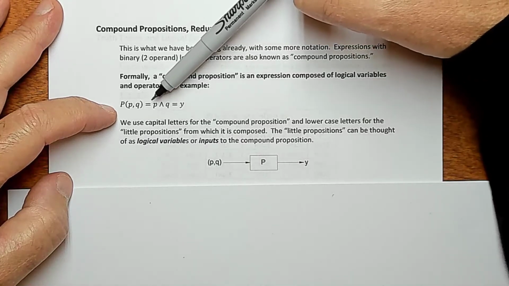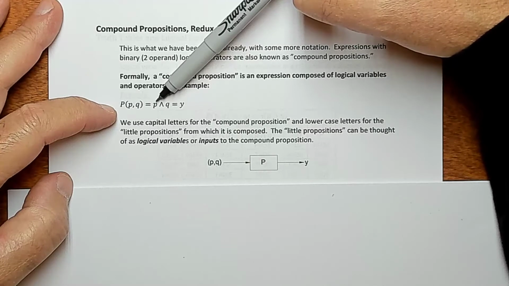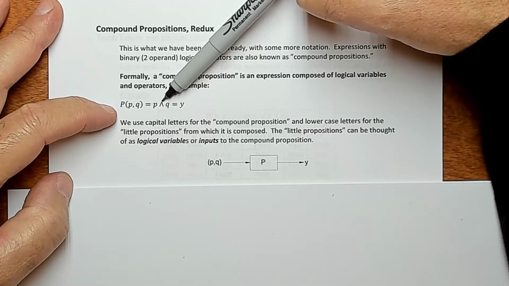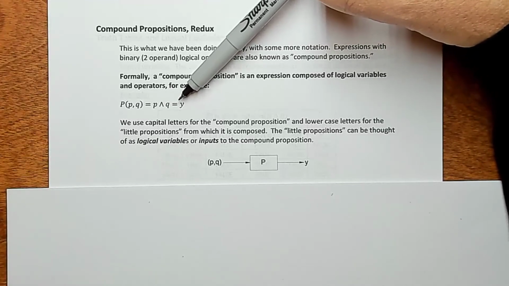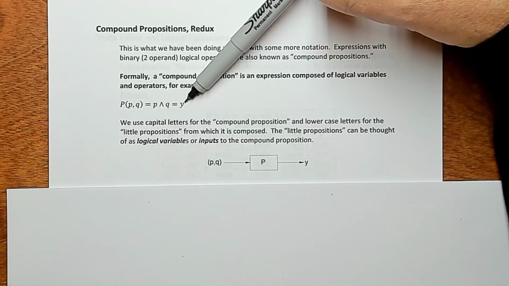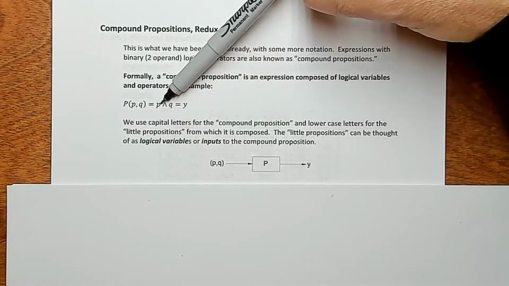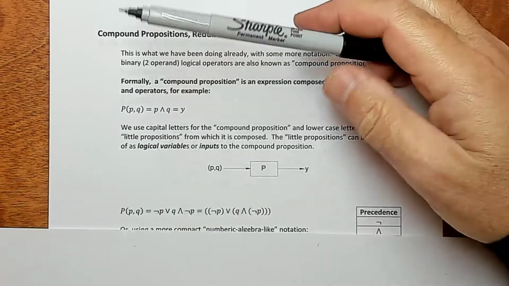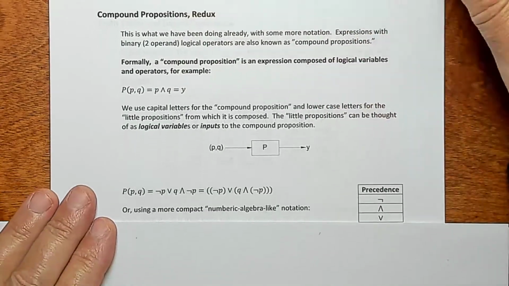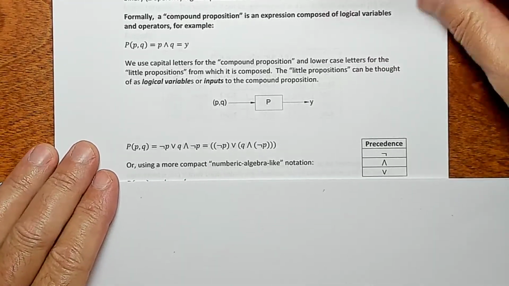And then you can expand that into a series of smaller propositions and operators, and that's going to yield a particular true-false value in the end. Okay, so the capital letters are for the compound proposition, and the lowercase letters are for the little propositions. And here's an example of this thing.